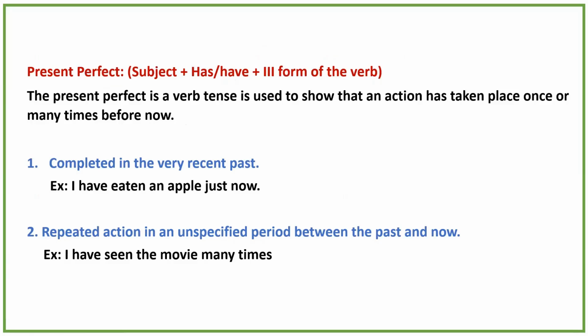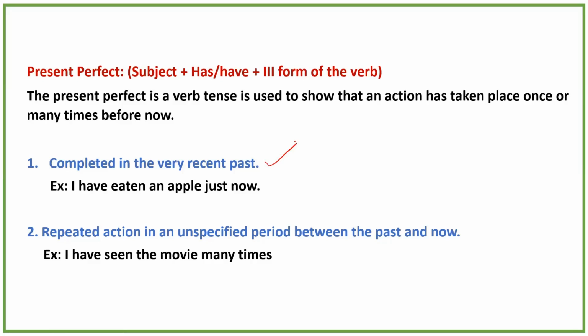Next tense is present perfect. The present perfect tense is used to show that an action has taken place once or many times before now. You can see here, present perfect we generally use to express an action that has completed just now. There is a lot of difference between simple past and present perfect. I ate an apple yesterday, that is a long completed action, that is simple past.